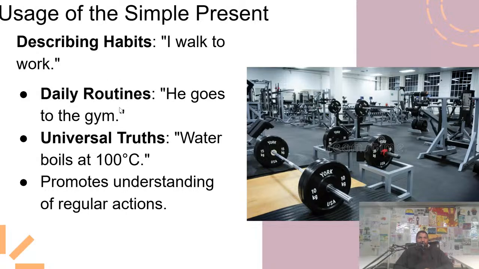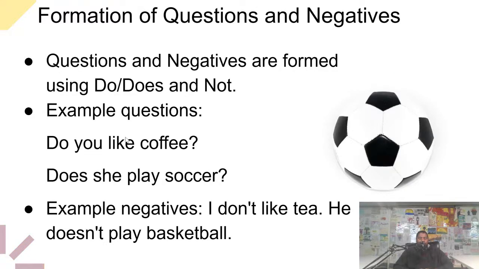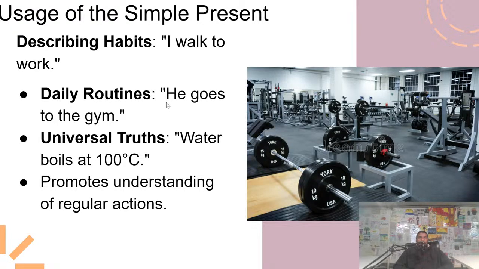He goes to the gym. Notice here we had to add es to go because he is the subject, and it is a third person singular. He goes to the gym.